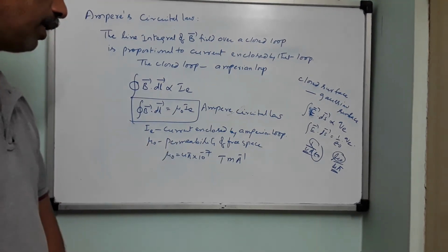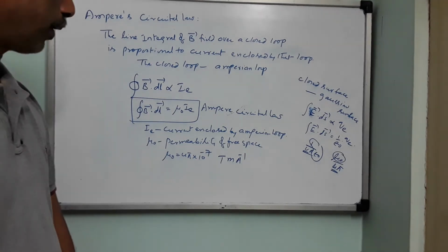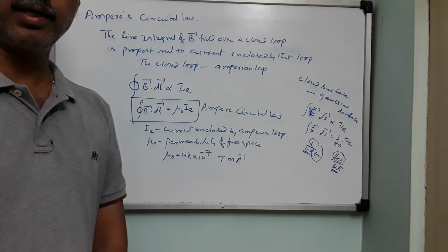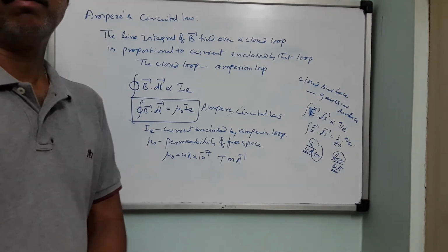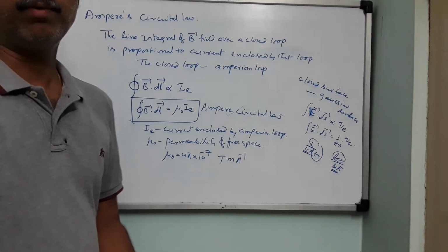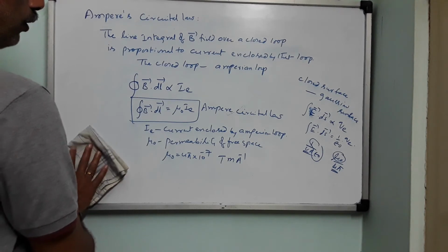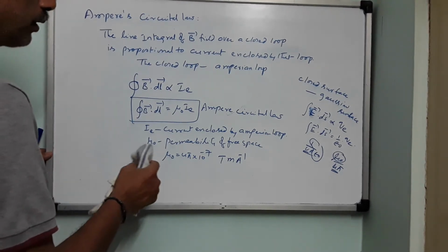Similarly, Ampere's law in magnetism is applied to magnetic field due to an infinitely long straight conductor. Second one is magnetic field due to a solenoid. Third one is magnetic field due to a toroid. One by one we will see. So now we are going to do the applications of Ampere circuital law. So what is Ampere circuital law?